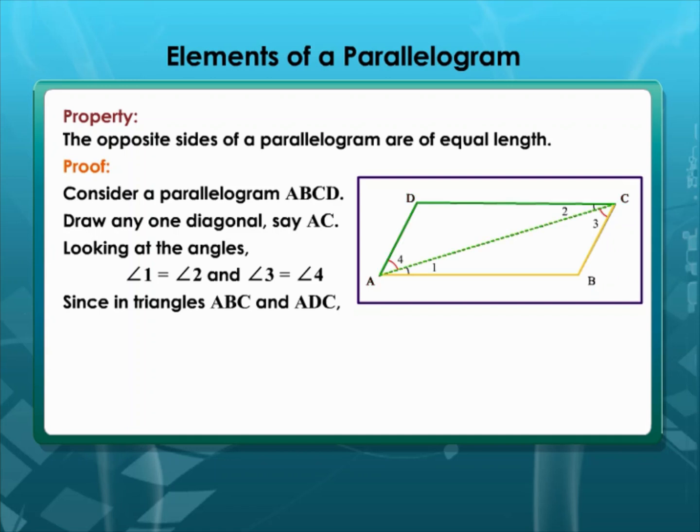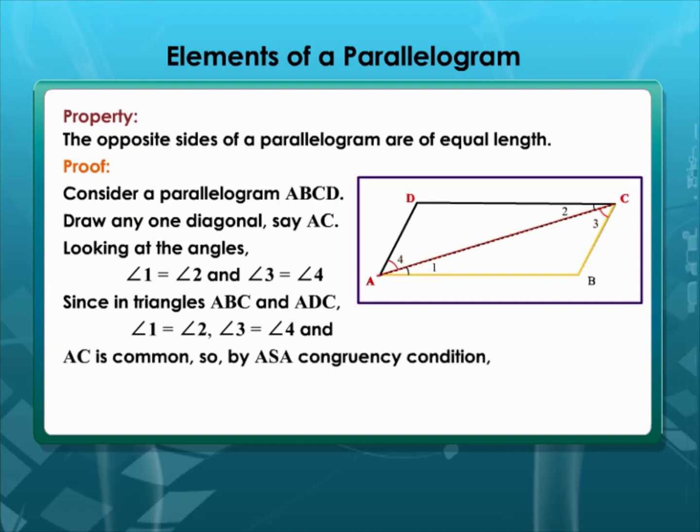Since in triangles ABC and ADC, angle 1 is equal to angle 2, angle 3 is equal to angle 4, and AC is common, by ASA congruency condition, triangle ABC is congruent to triangle CDA. This gives AB is equal to DC and BC is equal to AD.